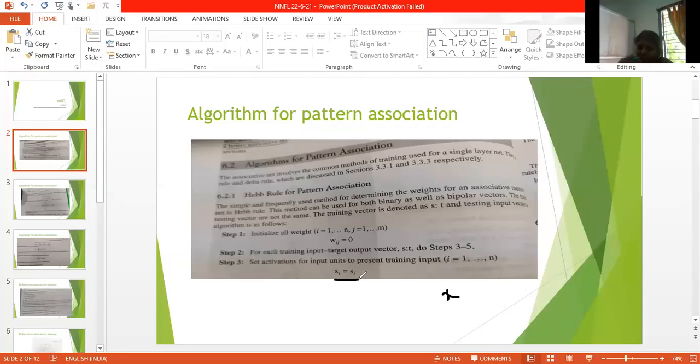Fourth step, set activation for output units to the current target output. Your target output is denoted as t, so yj equals tj. Next step is to adjust the weights.